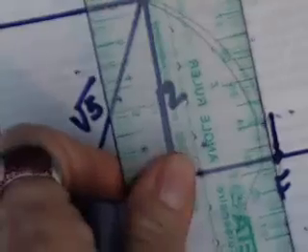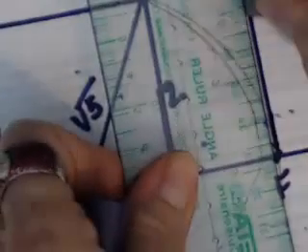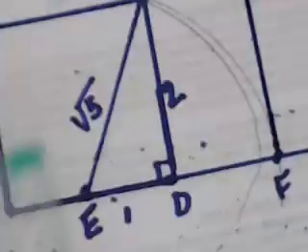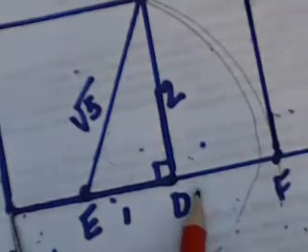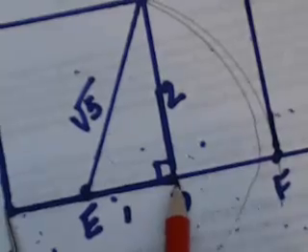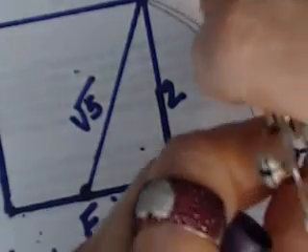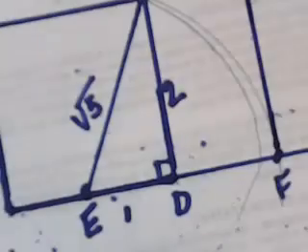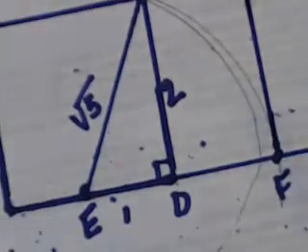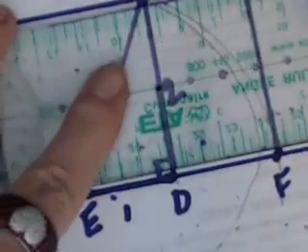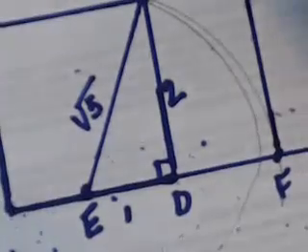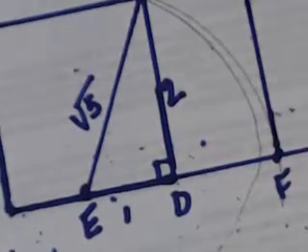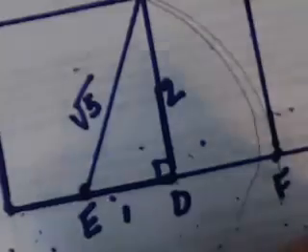I make the segment, and I need it to be 2 inches, so I'm going to get a radius of 2 inches and mark that on the segment and connect that to C. And that is G. And what you have now is a golden rectangle.